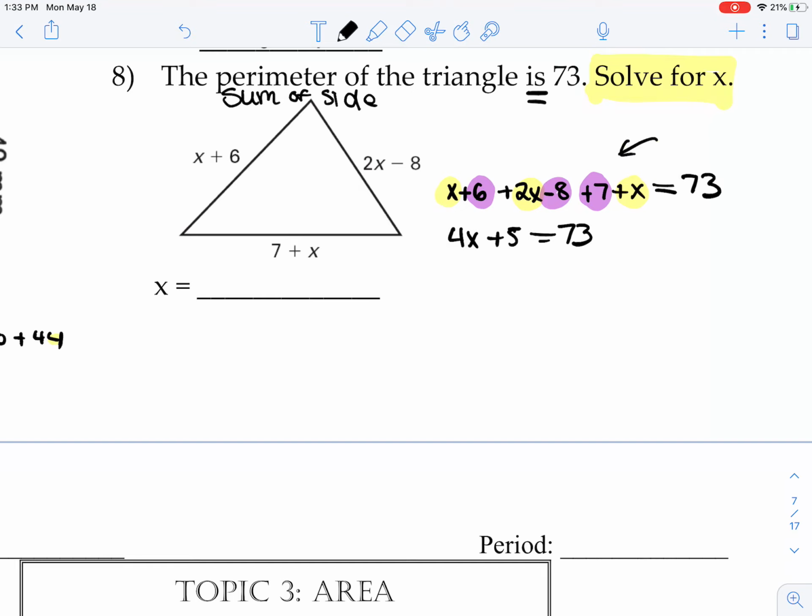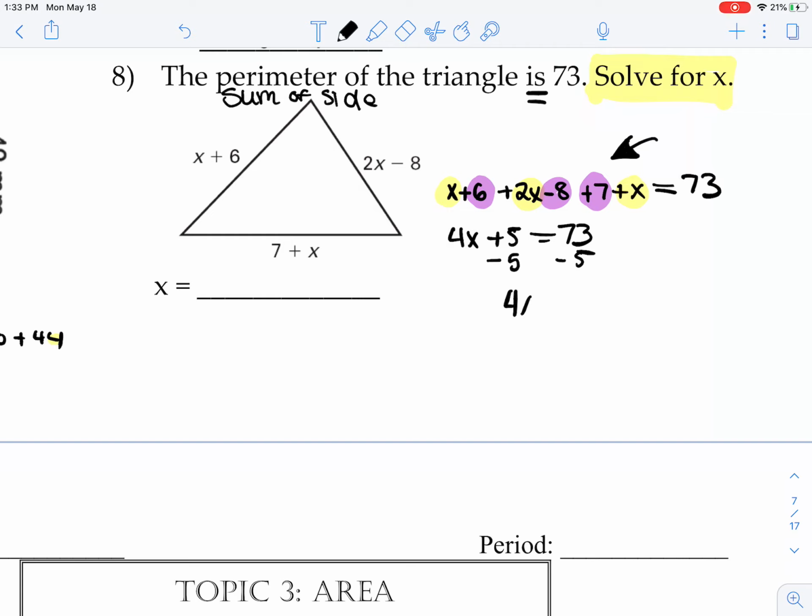So this cleans up really nicely, but we can't just start adding and subtracting things willy-nilly. We have to make sure we combine things before we start our actual problem solving and doing our inverse operations. So since this is a positive 5, I'm going to do the inverse of that. I'm going to subtract 5 from both sides.